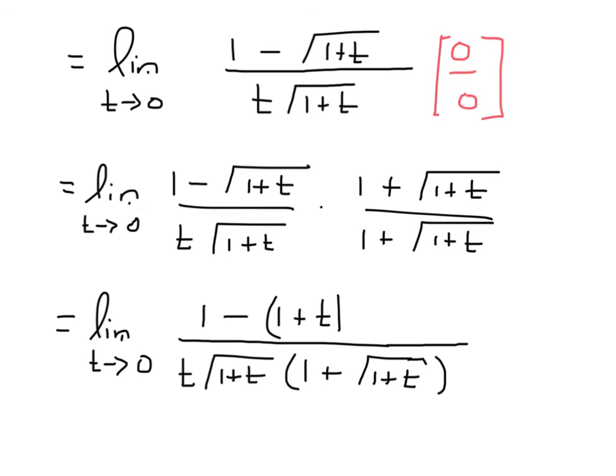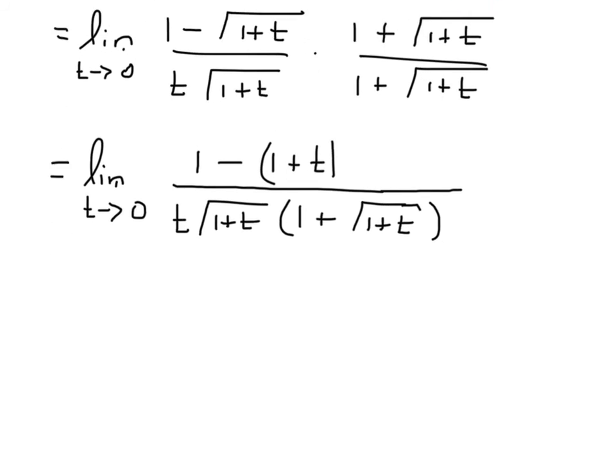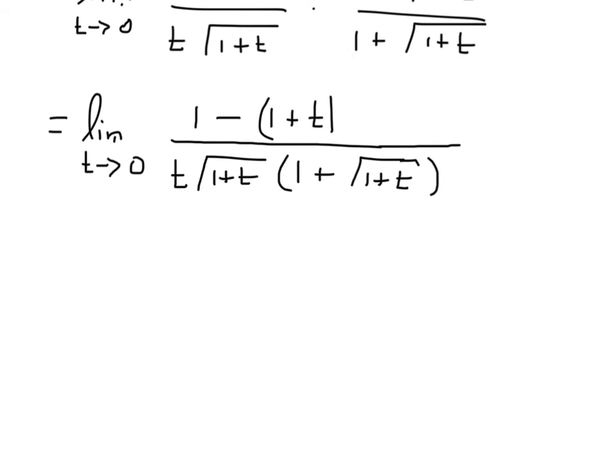I was careful with my bracket here, and I was careful with my bracket here. If we're not careful, we can very easily make a mistake. Alright, so now this is looking really good because we have a 1 minus 1 in the numerator, and those are going to cancel, and we're going to be just left with minus t.